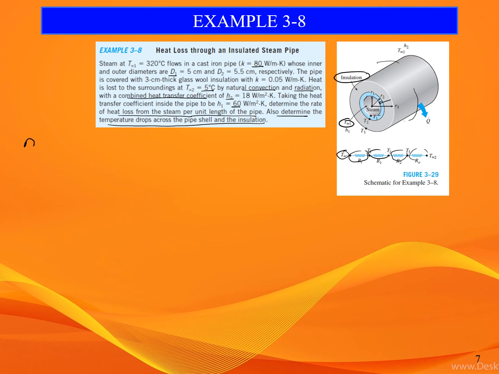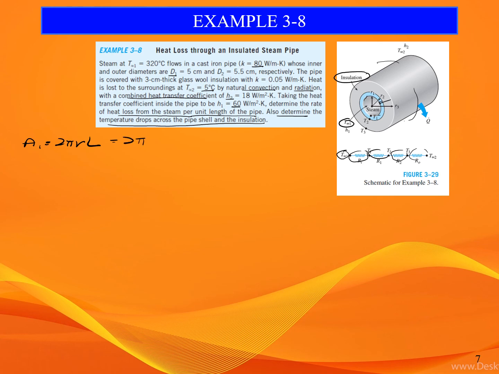So we calculate A1 first, which is 2 pi R L. In this question, the value of L is not given, so we can assume L equal to 1 meter.